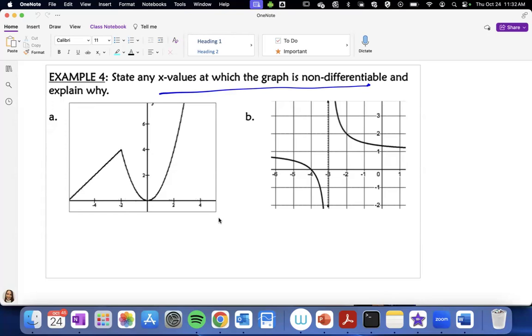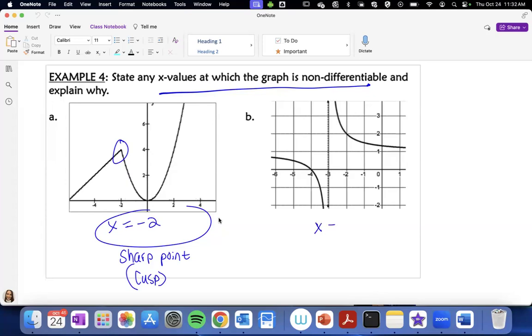At x equals -2. It's not differentiable at -2. In part B, what the reasoning is, there's a sharp point. Okay, that's a cusp. B, what x value can I not take the derivative? It's not differentiable at x equals -3 because vertical asymptote.